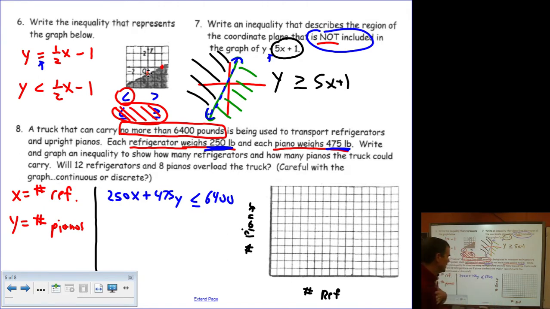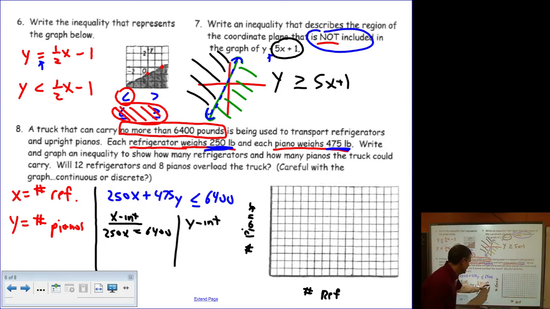And if I were going to graph that, because it's in standard form, I'd go ahead and use the x and y intercepts. So the x-intercept would be where 250x equals 6,400.